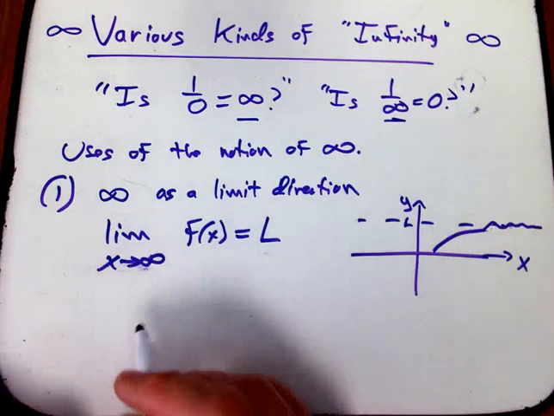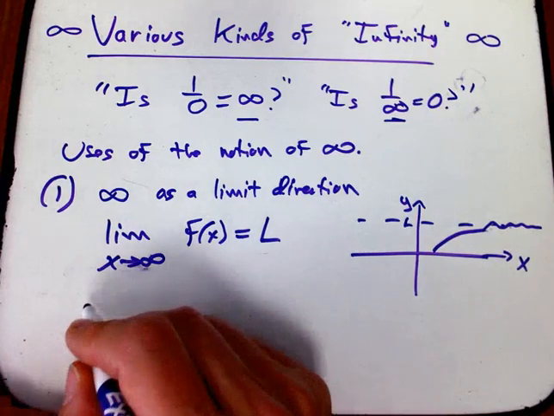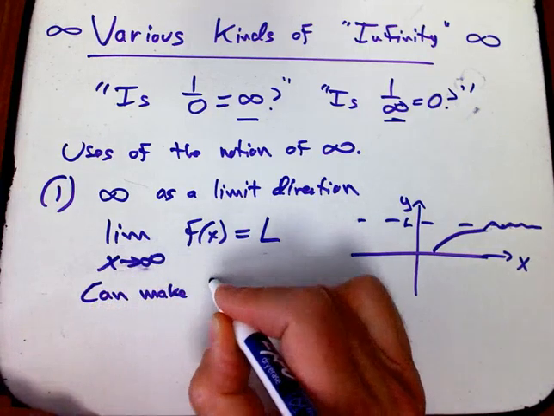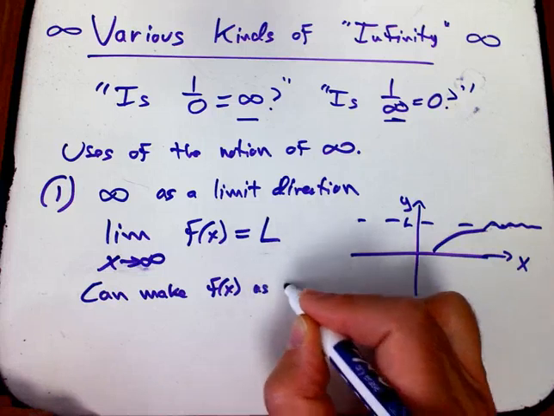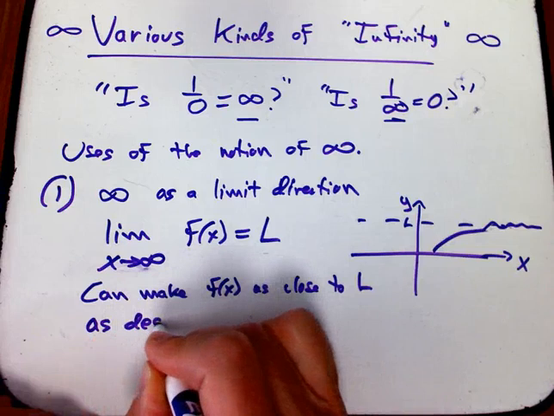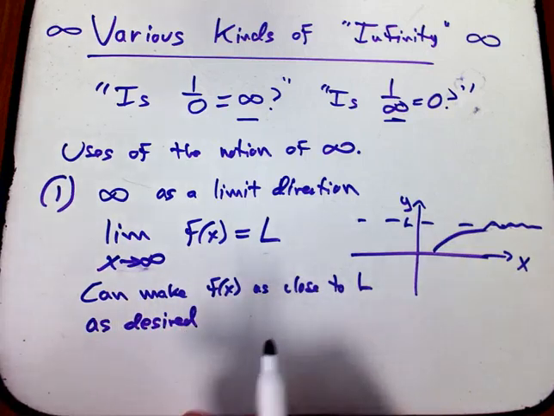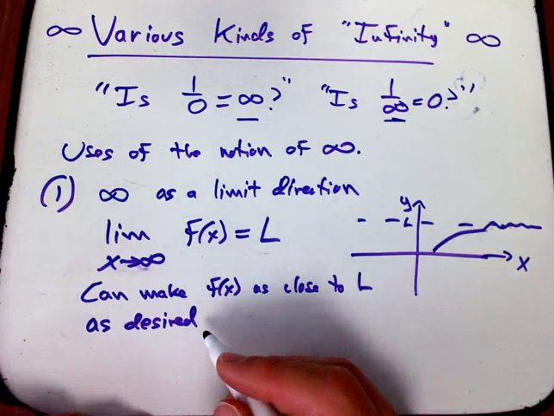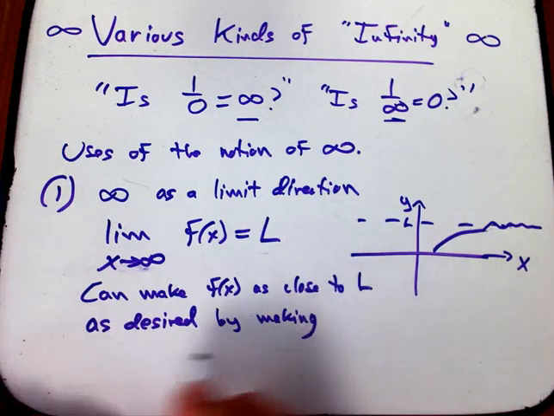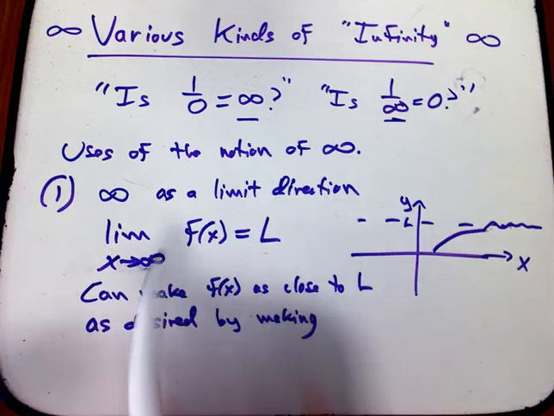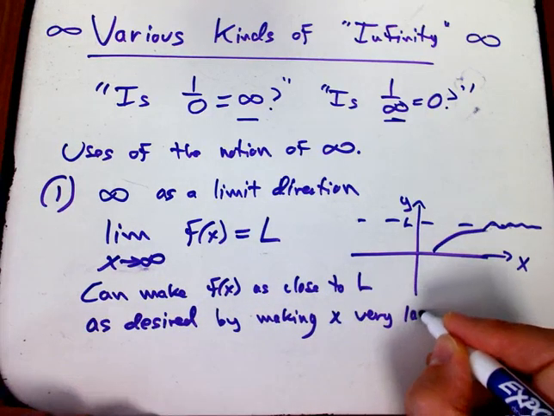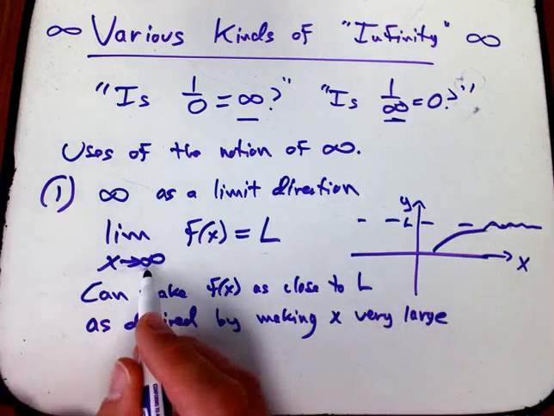Or to be a little more precise, but not to bring out the epsilons and deltas, it says that you can make the values f of x as close to L as desired, within some tiny preassigned error tolerance, by making x near infinity, sort of, but you can just totally erase the infinity by just saying by making x very large.